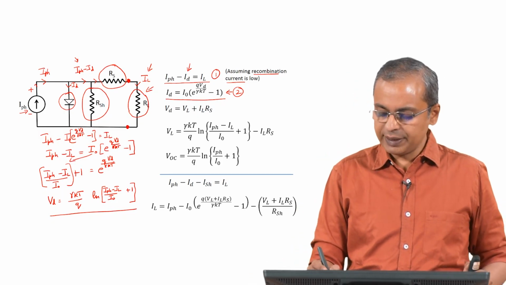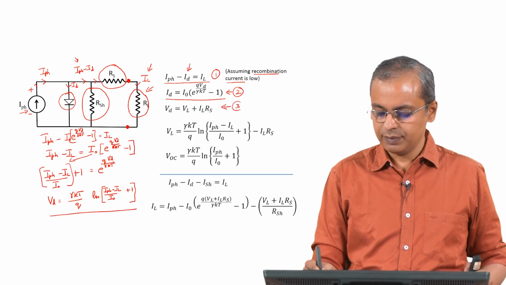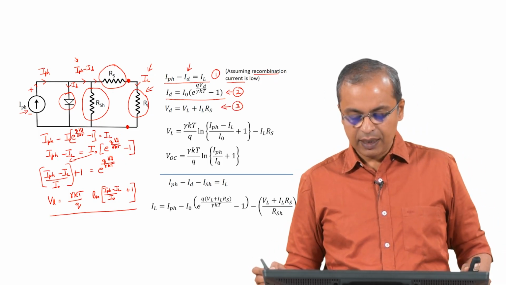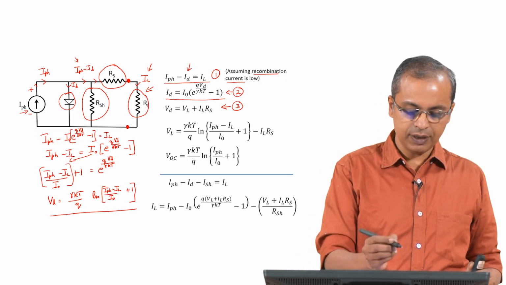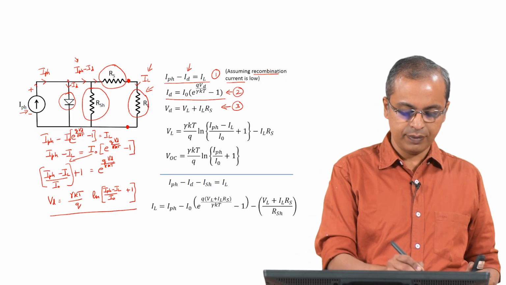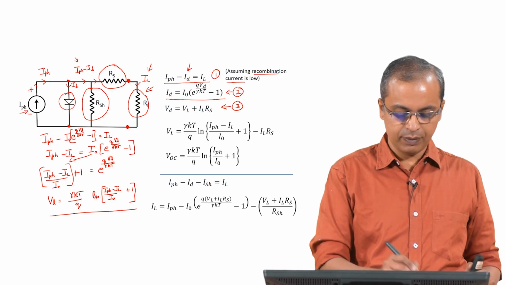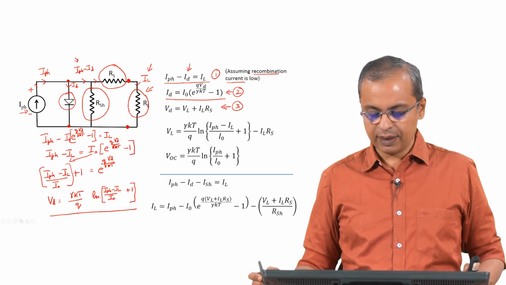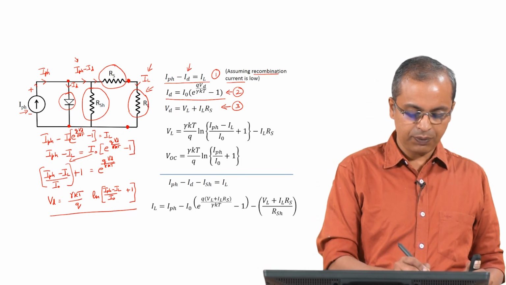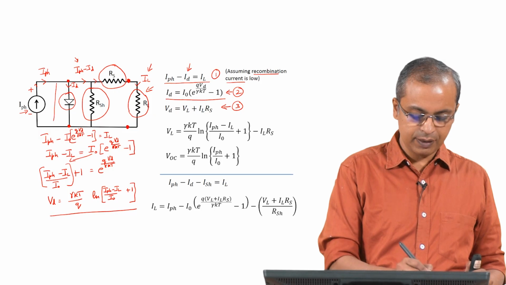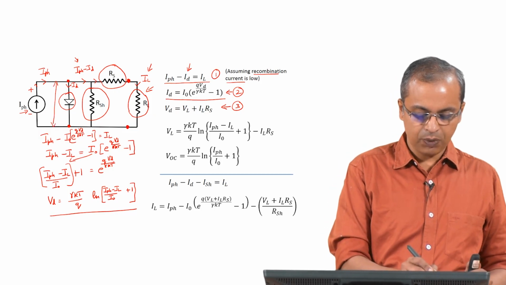Now, let us look at equation 3. So, what is equation 3? We are simply saying that there is a voltage across this diode. That voltage is this voltage Vd: from here to here, what voltage you see is the voltage Vd.